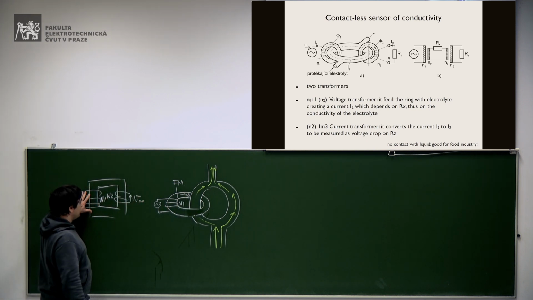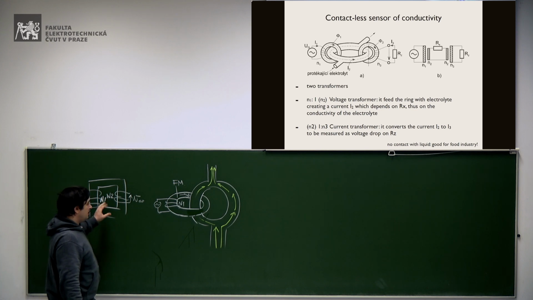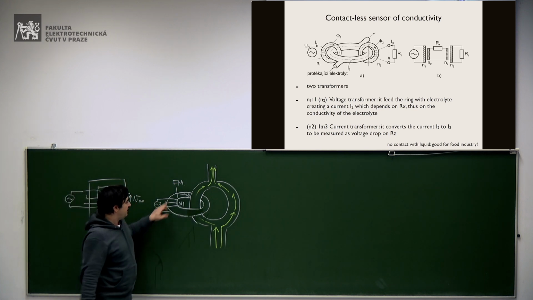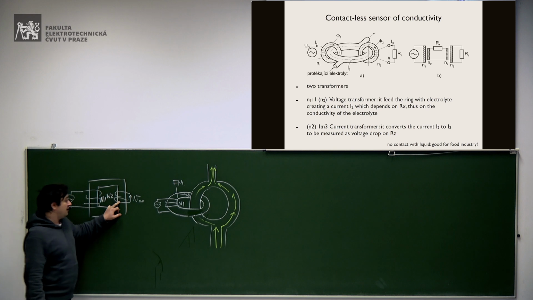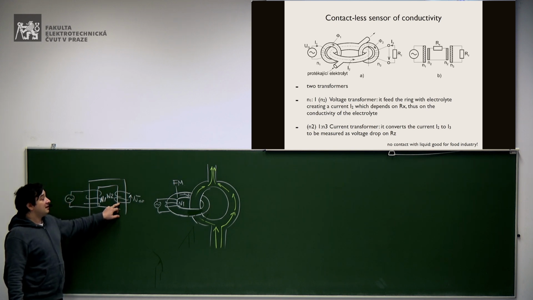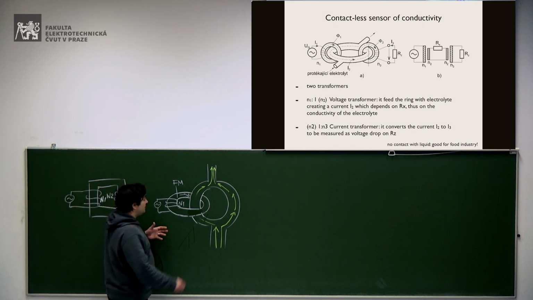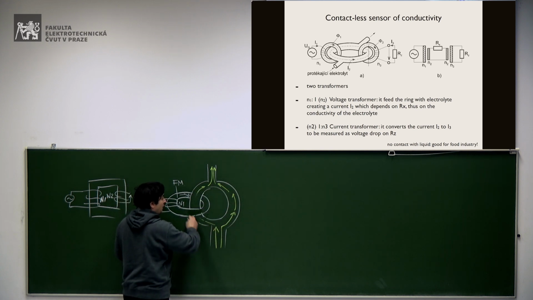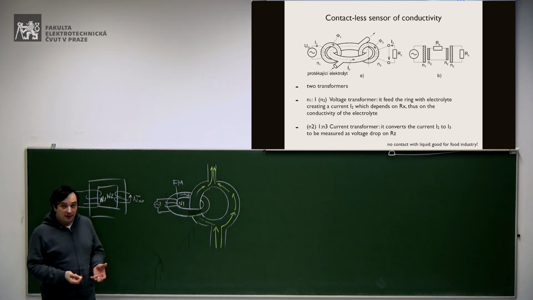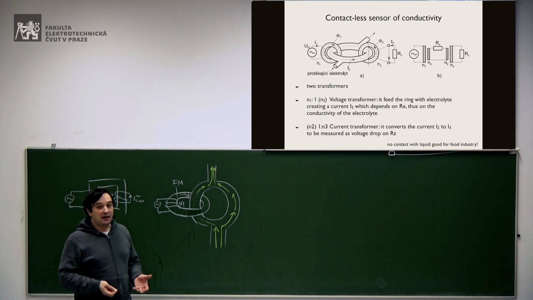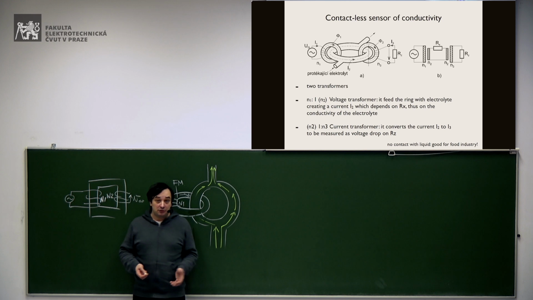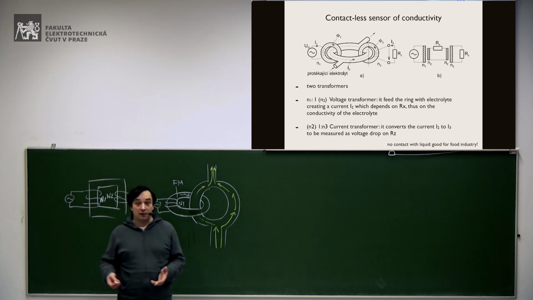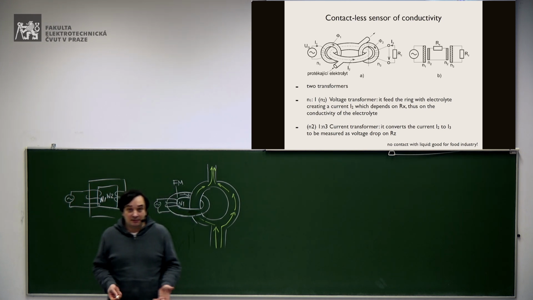So the first part of the transformer is there, it's clear. You have the ferromagnetic ring, you have this voltage, you have the magnetic flux, and where is the secondary coil? Well, the secondary coil is composed of one single turn of electrolyte. It has a conductivity, so some electric current can flow through this electrolyte.